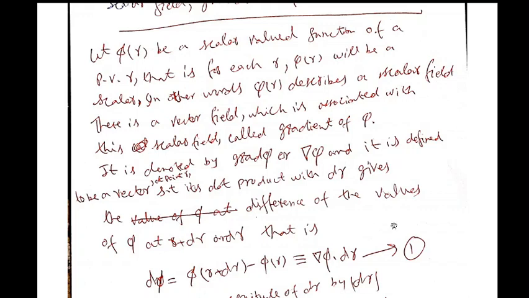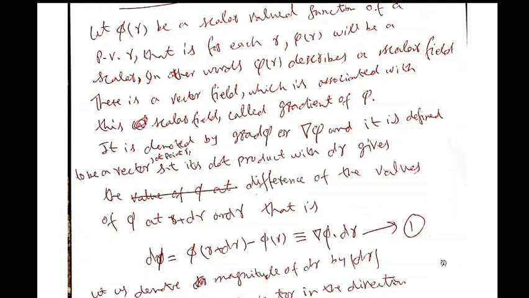So equation number 1 is the definition of this vector field, gradient of phi. What does equation number 1 say?